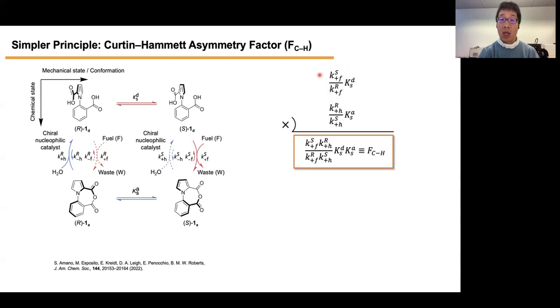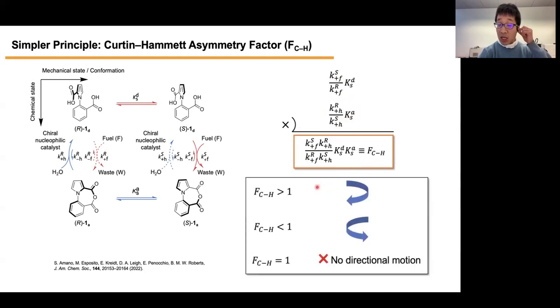This one is for the red part, and this second one is for the blue part. And this is a direct consequence of the Curtin-Hammett principle, which is a well-known principle in organic chemistry. And by combining these two quantities, we constructed a new quantity, FCH. And actually, this FCH can tell us the directionality of the system.